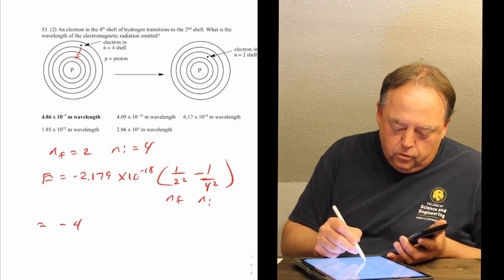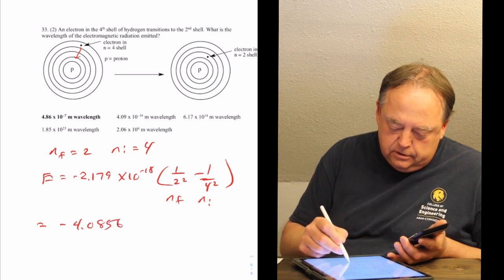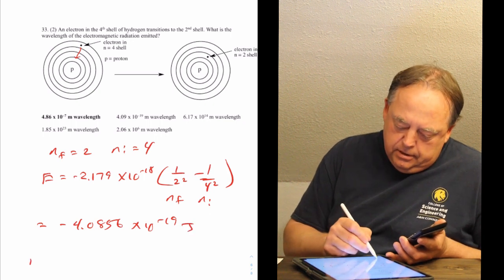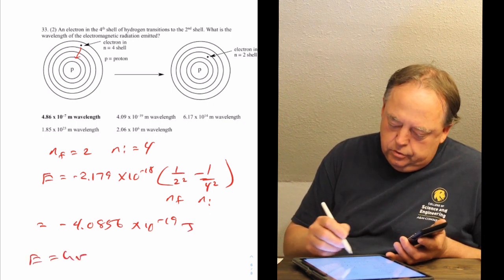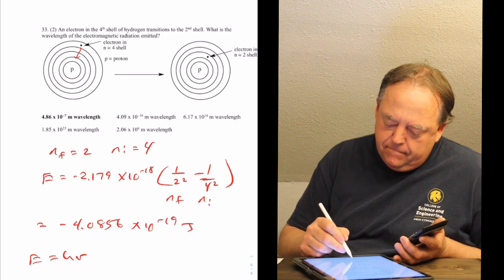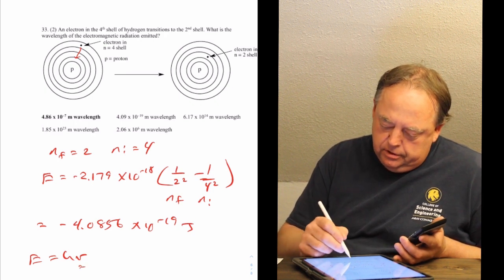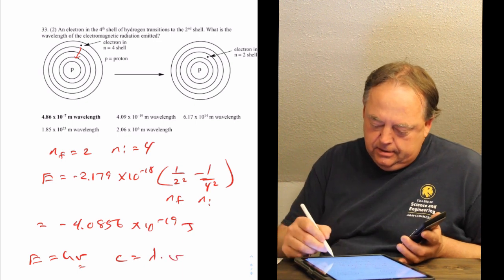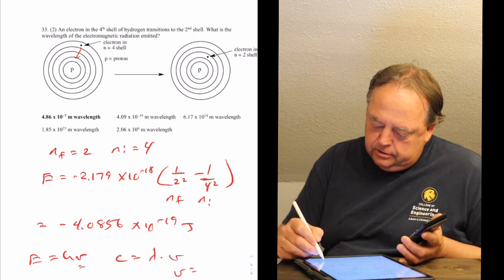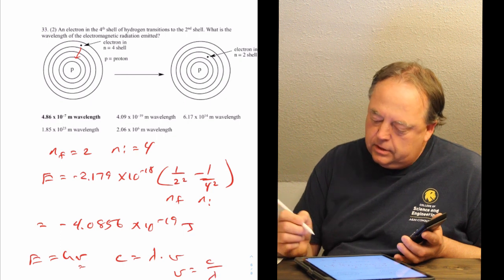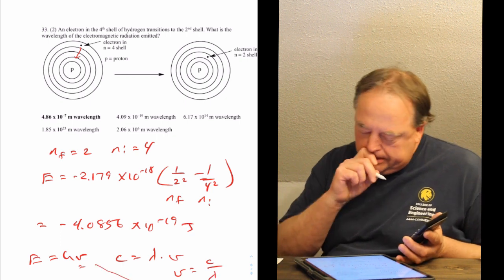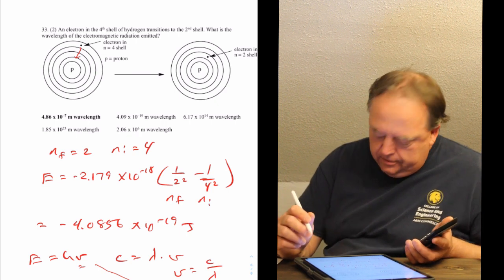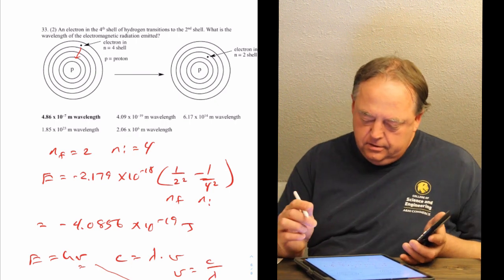So 4.0856 times 10 to the minus 19 joules. And then E equals h nu. So you can solve for frequency, but we can use this equation. Frequency is c over lambda, and plug that in here.